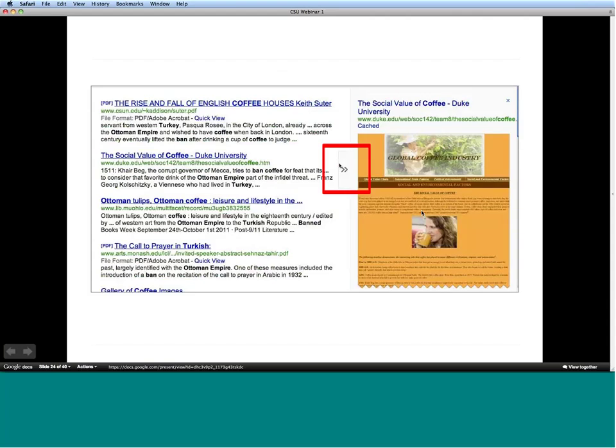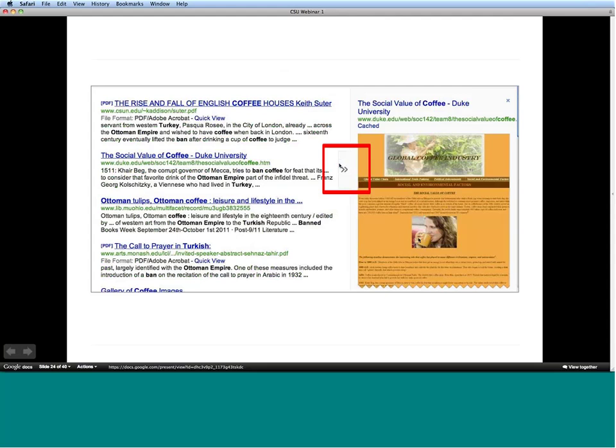Another change that we've had to our interface lately, when you mouse over a result, and I'll show this to you live later, you get these 2 arrows popping up at the side. And if you click on them, you see what we call a visual snippet. It gives you a look at what the page looks like.